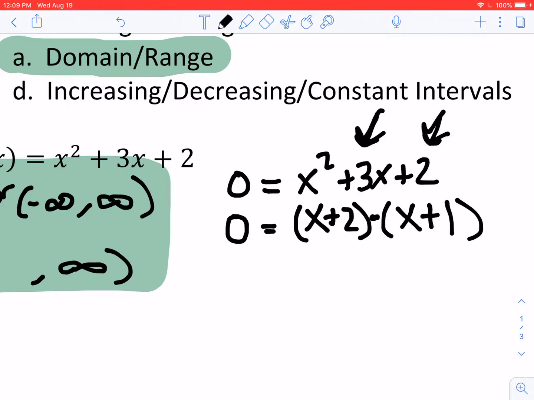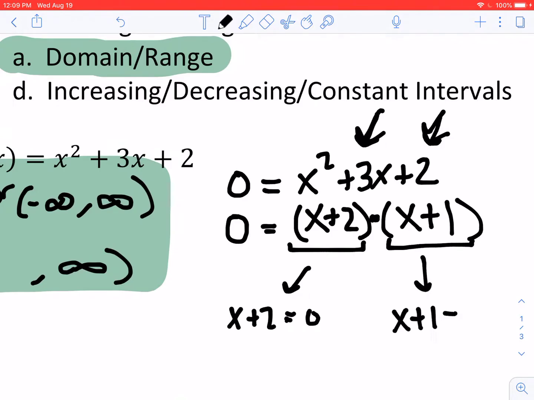Well, if we think for a second, we'll remember that the only way that it's possible for two numbers, x plus 2 and x plus 1, to multiply to get to 0 is if one of them is 0. The only way that something times something is 0 is if one of them is 0. So we're going to set each factor equal to 0 and solve the resulting equations.